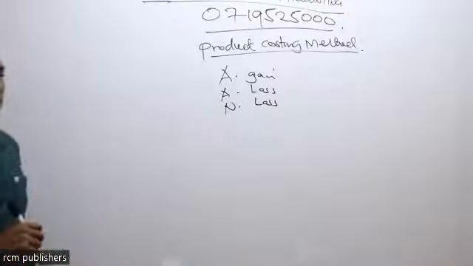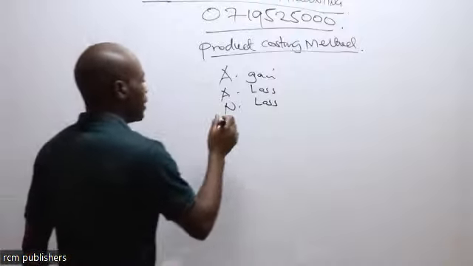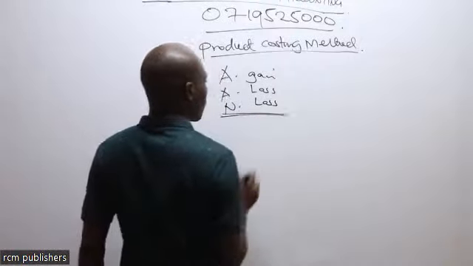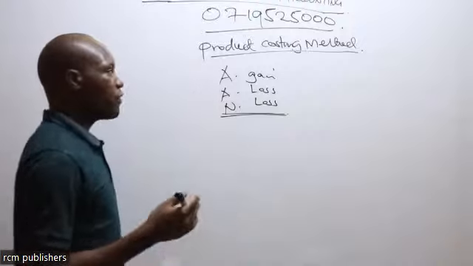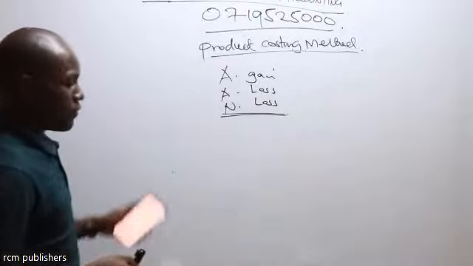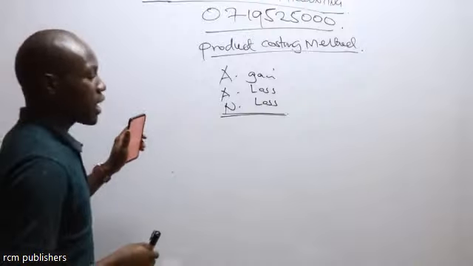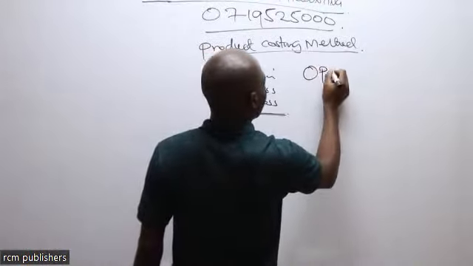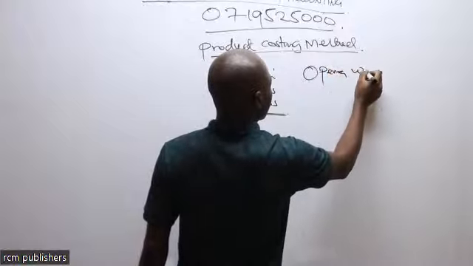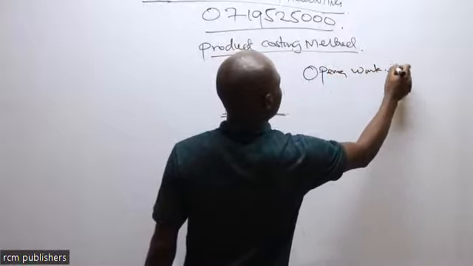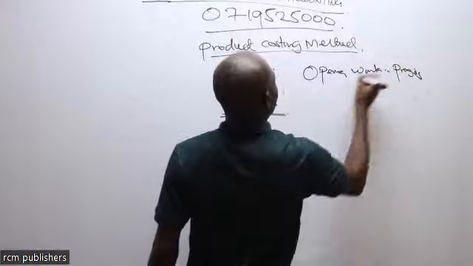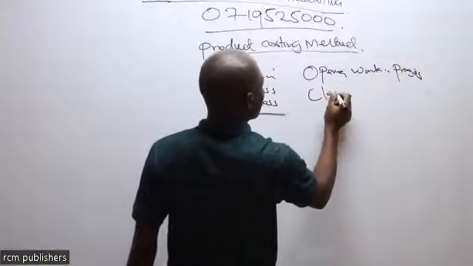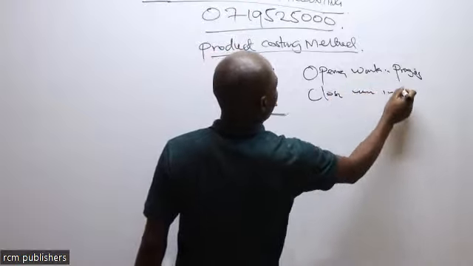That is the process. Once that is done, at the introduction part of it, we are going to move further and check what if we are given work in progress. So we are going to deal with what we call opening work in progress. We are also going to deal with closing work in progress.